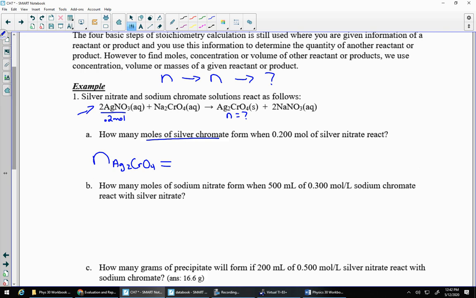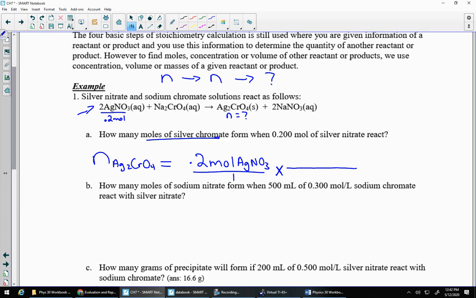So let's start with the thing that we know. We know that we've got 0.2 moles of the silver nitrate, AgNO3. You can put that over 1 if you want a distinct top and bottom. We want to multiply that by a conversion factor, so a thing with a distinct top and bottom, to figure out the moles of silver chromate.